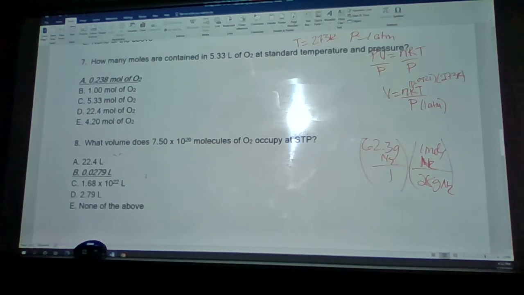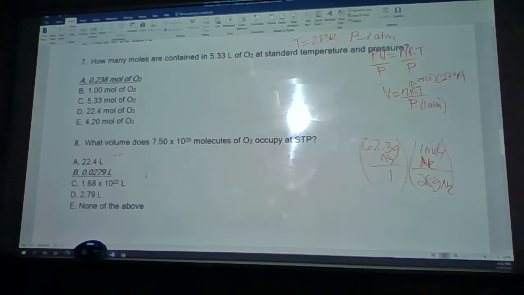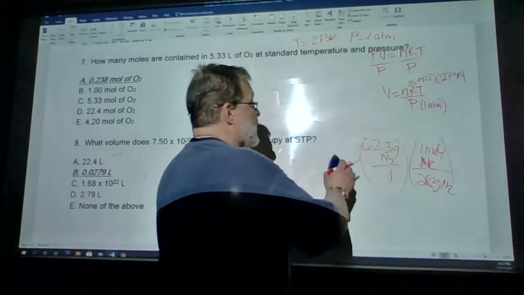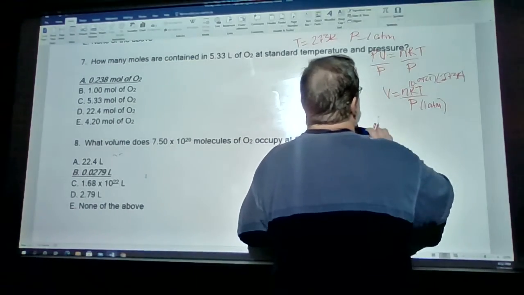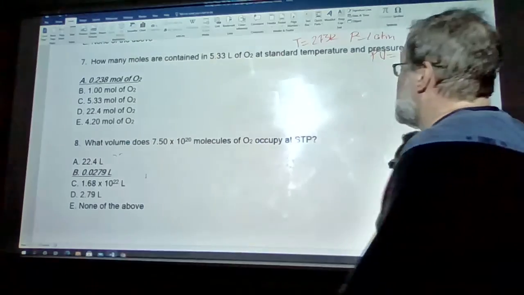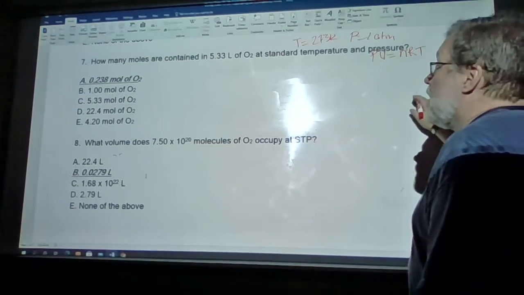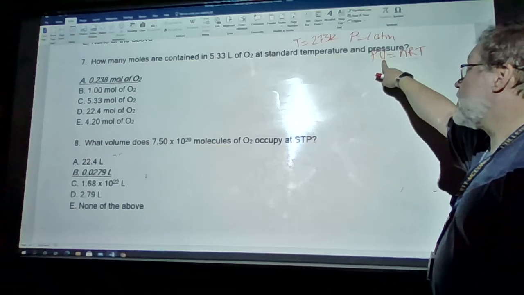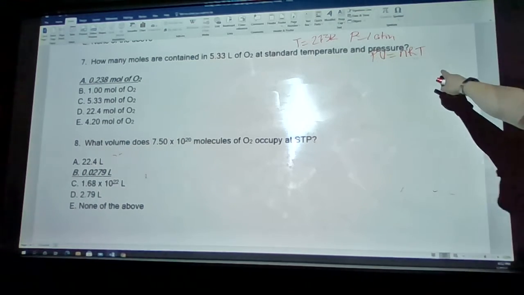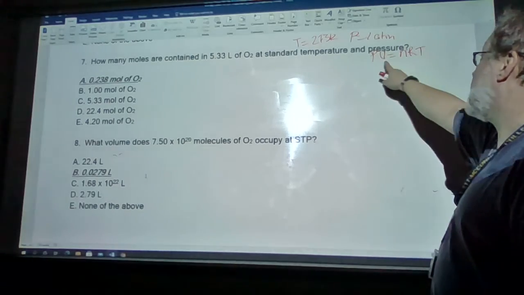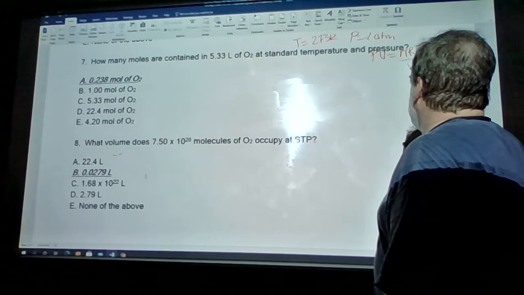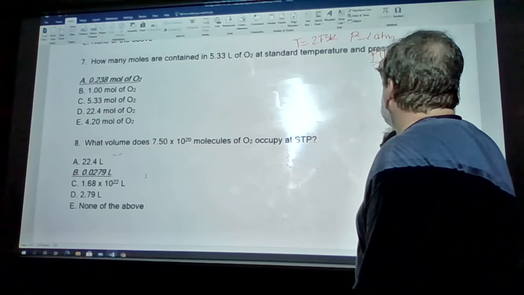Number 7, how many moles of gas are contained in 5.33 liters of O2 at conditions of STP? Okay, again, since now we have moles, it's asking us for the value of n. We have liters, 5.33. We have standard conditions of temperature and pressure. Temperature is 273 Kelvin, pressure is 1 atm. So we need to solve for n. Divide both sides by RT.